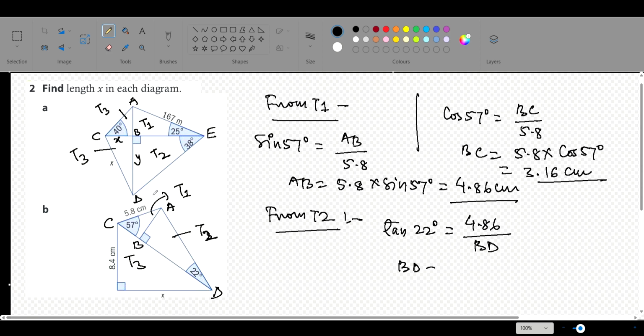So BD is 4.86 over tan 22 degree, which is 12.03 centimeter.